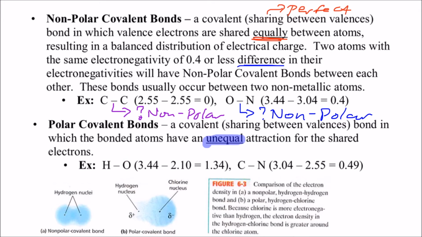Let's do an example. We want to classify what kind of bond we have right here. So we get the electronegativity for hydrogen, and that one's 2.10. And we get the electronegativity for oxygen, and that one's 3.44. We subtract them, and we get 1.34.